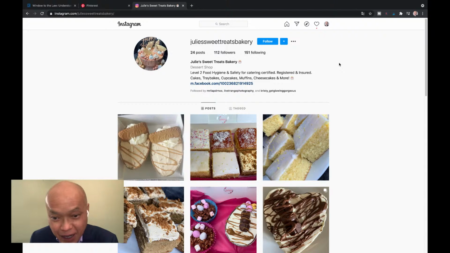See, you have to fully optimize your profile page. If I read her profile page, it says level 2 food hygiene and safety for catering, certified, registered, and insured. Wow. Cakes, tray bakes, cupcakes, muffins, cheesecakes, and more. She doesn't even have a lot of hashtags.